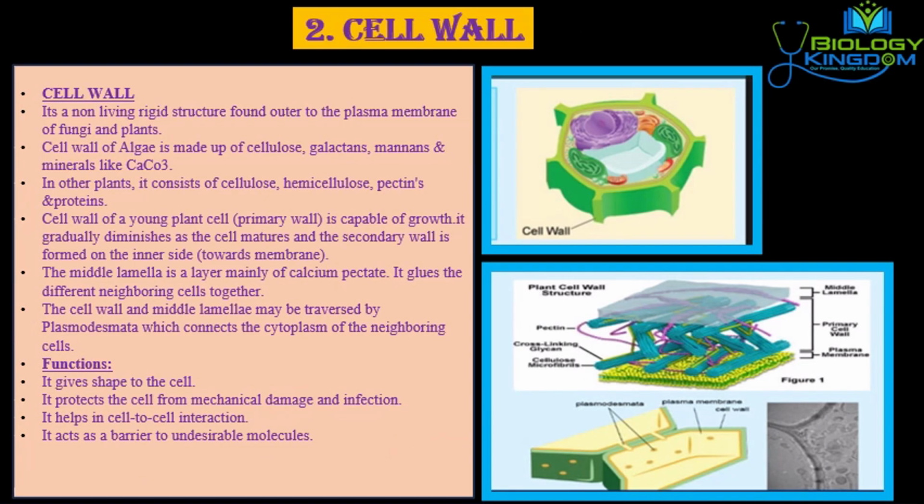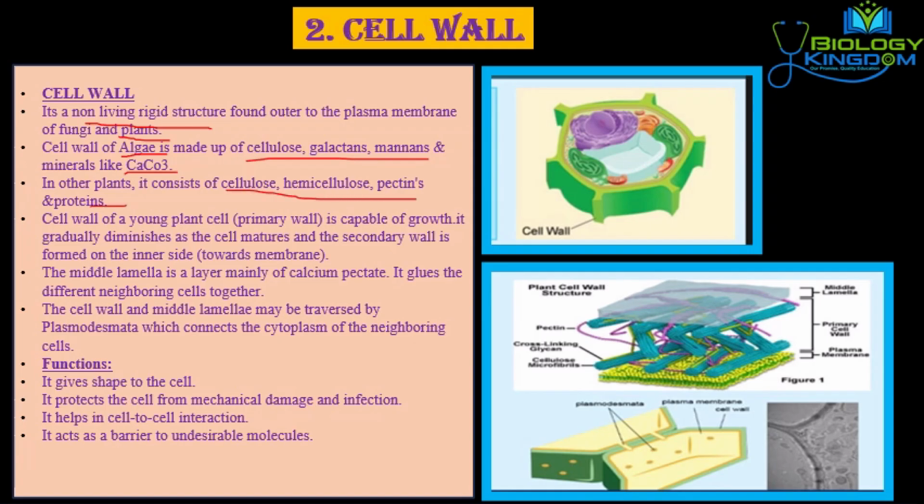Now moving on to the cell wall structure. This is a non-living rigid structure and it is mostly found in fungi and plants. For example, the cell wall of algae is made up of cellulose, galactans, mannans, and minerals like calcium carbonate. Whereas in other plants, it is made up of cellulose, hemicellulose, pectins, and proteins.